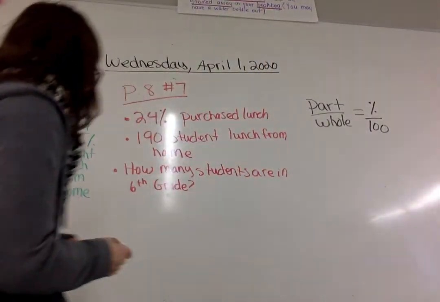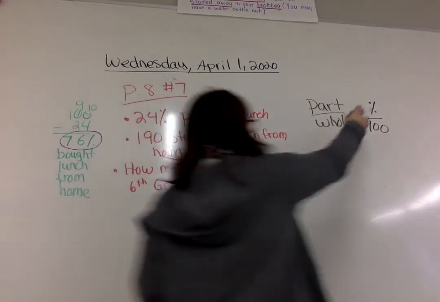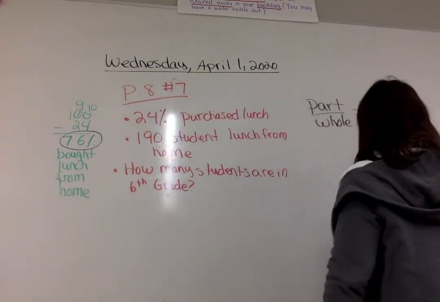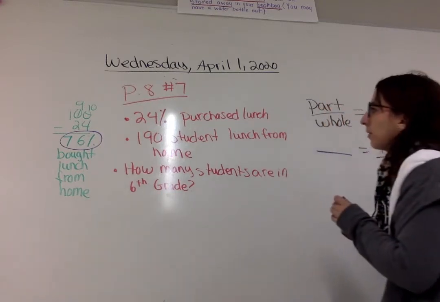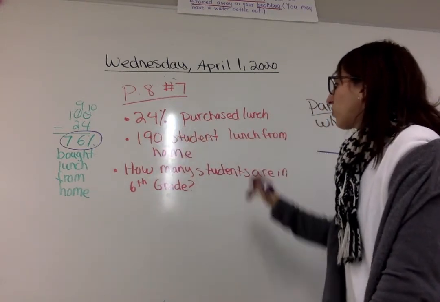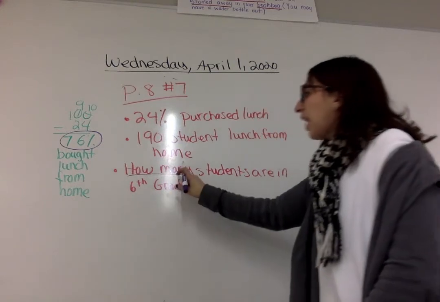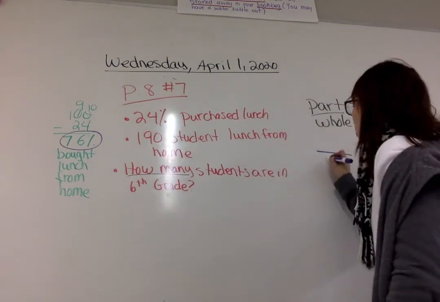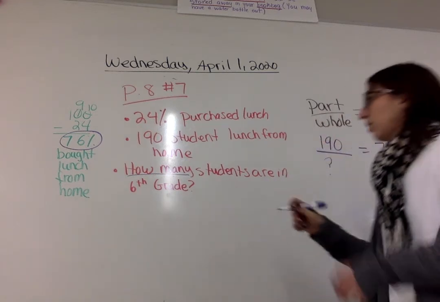So now, we're going to take the 76% and replace it with the percent sign over 100. Now I need to know the part. 190 students had lunch from home. How many students are in the 6th grade? So this, how many, represents the total. There's 190 that bought their lunch from home.